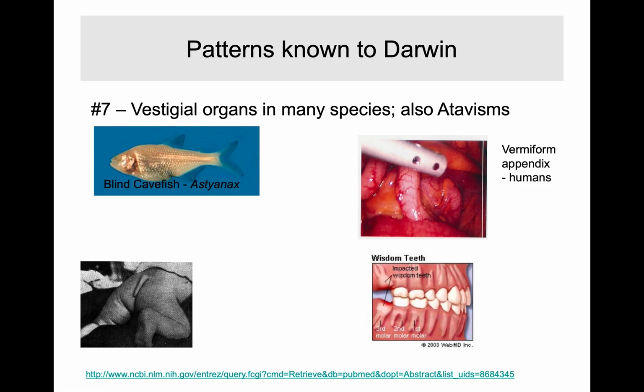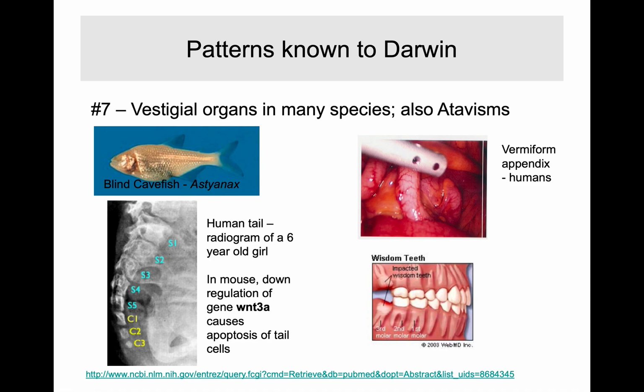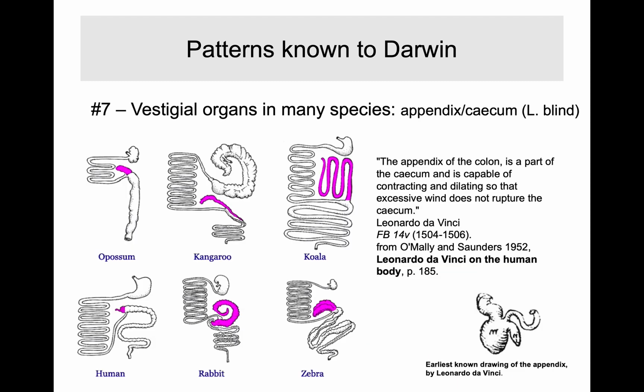Even though the eye is completely wiped out through evolution, because this fish lives in a cave and doesn't need to discern colors or receive light, those genes are still expressed in the tissue where the eye would be. And then, of course, the appendix. And this just shows how well formed that tail was in that kiddo. All right.